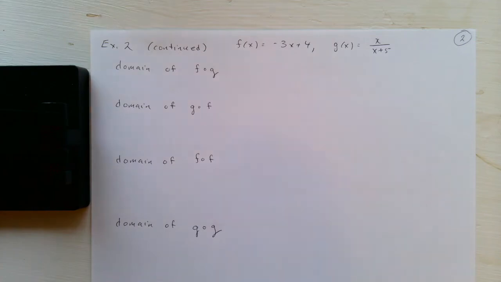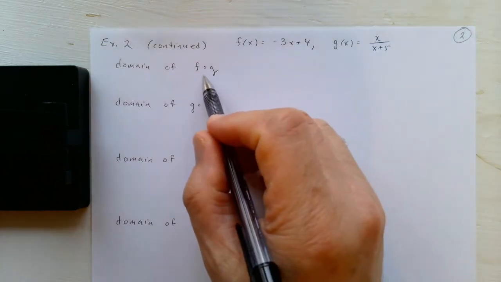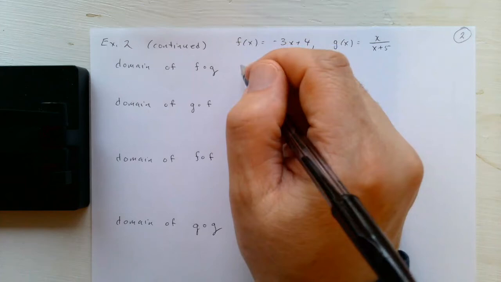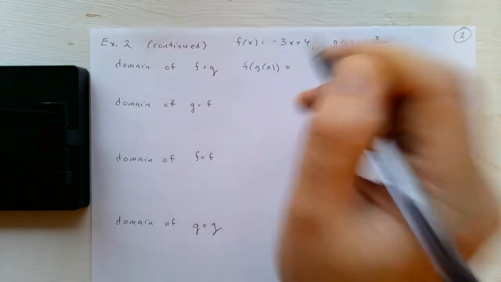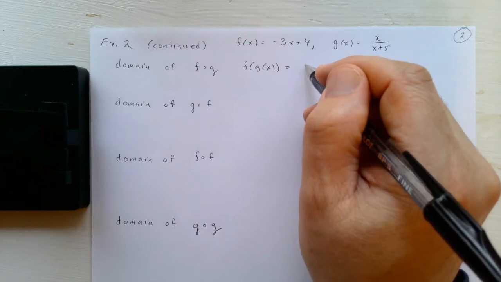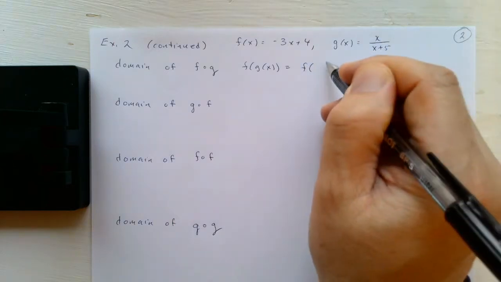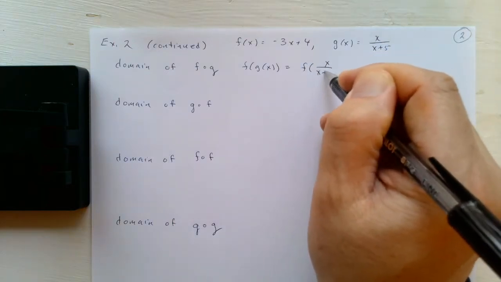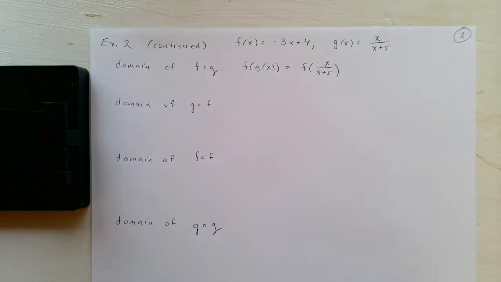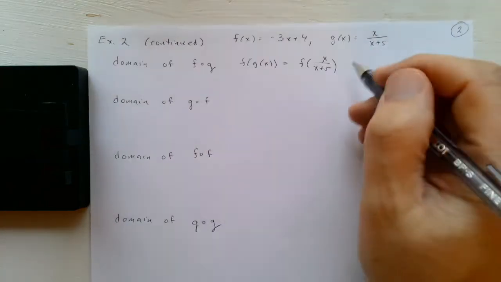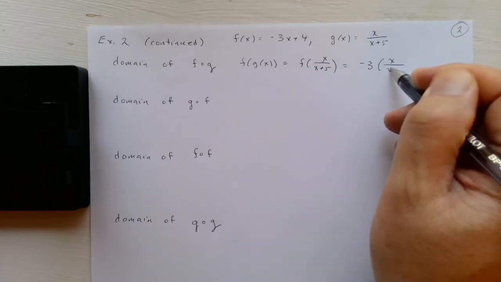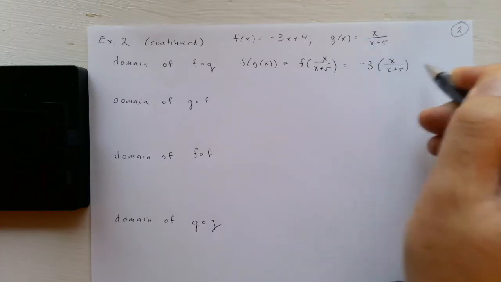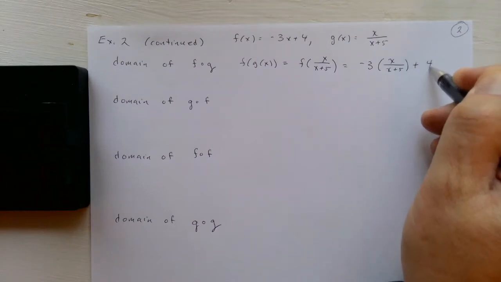If we take f of g of x, this is going to be f of x over x plus 5, and this will be negative 3 times x over x plus 5 plus 4.